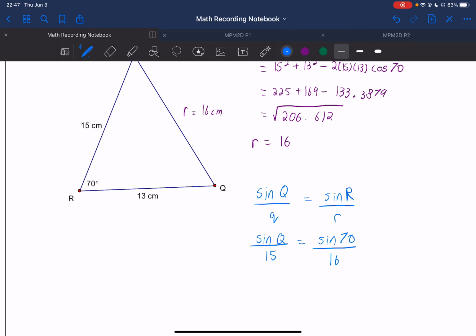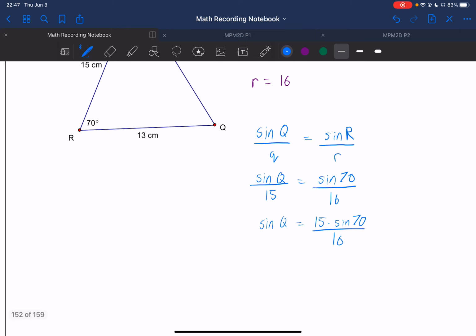We rearrange so we can isolate sine q. That means multiplying 15 out. So we get 15 times sine 70 over 16. At this point, we want to take the inverse of this entire thing. So sine inverse of this bracket.